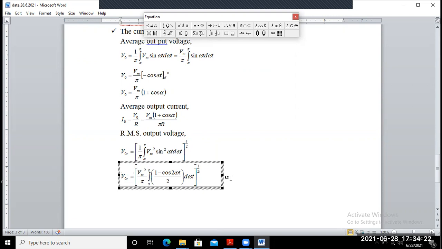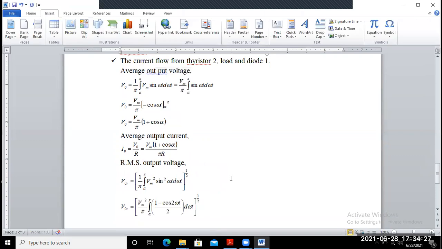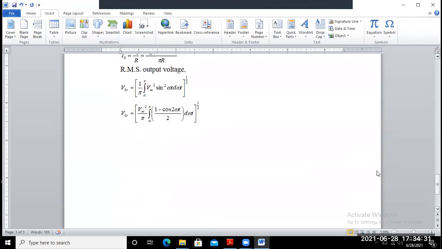Okay. So how can we simplify this one? If you take 2 this side, the first integration is alpha to pi d omega t, that means omega t integration.